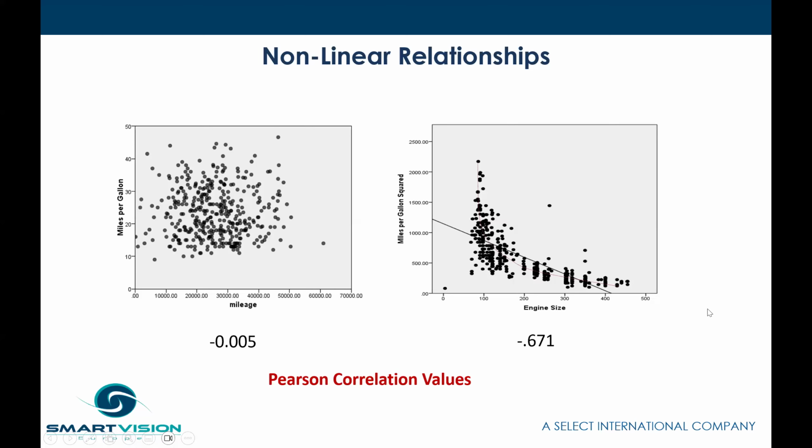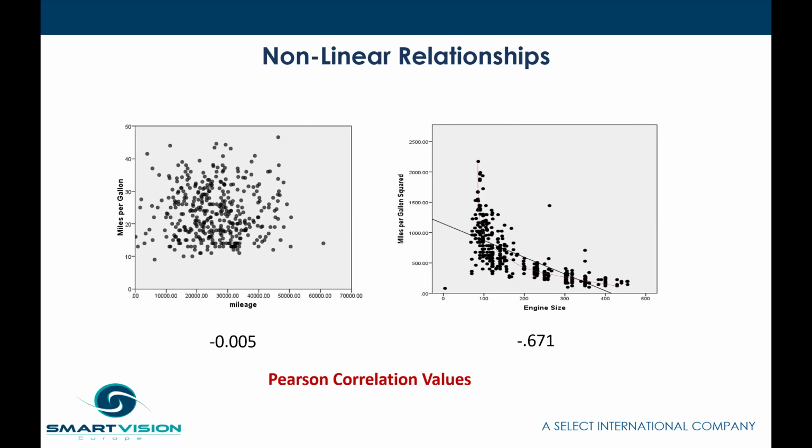They can only see straight line relationships, so they just straighten everything out. The correlation value here can't see this bend between engine size and miles per gallon squared. Sometimes people take the square root of a number or the log of a number in order to straighten out the relationship between two fields. But it's generally good practice to try to visualize the data.